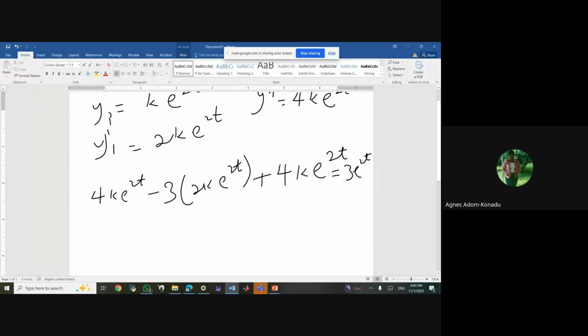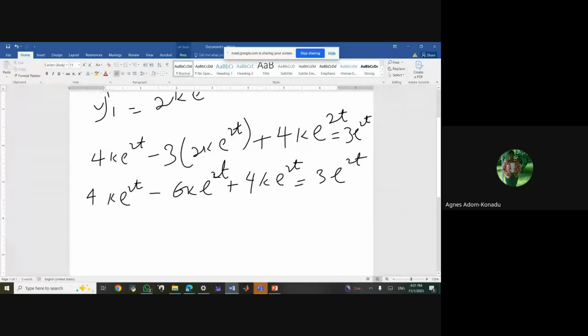So when I expand, I get 4k e to the power 2t minus 6k e to the power 2t, plus 4k e to the power 2t, which is equal to 3 e to the power 2t. The 4k and 4k give me 8k, so I get minus 6k e to the power 2t equal to 3 e to the power 2t.